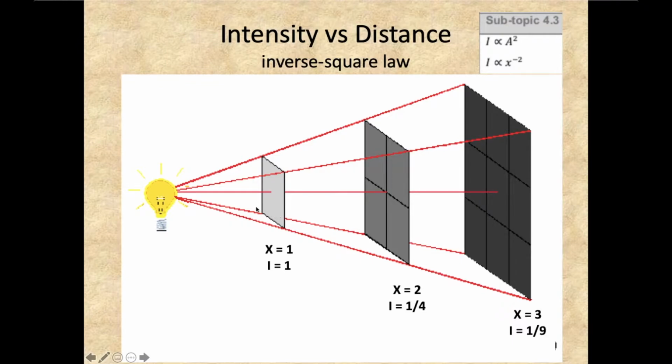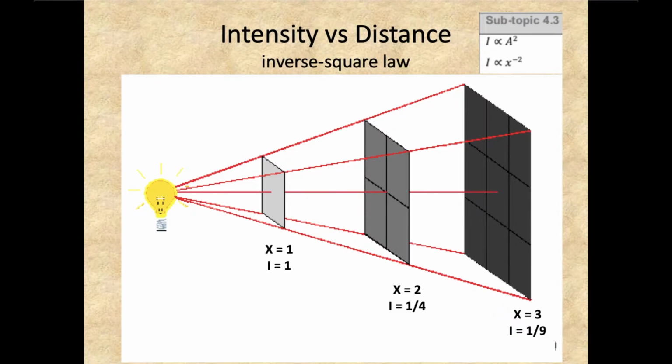Now, this is because the power of the bulb is how much energy it generates per second. That power is incident on 1 square meter at 1 distance away, let's say. At twice the distance away, the area the same power is incident on would become 4 times bigger, as seen in this diagram.